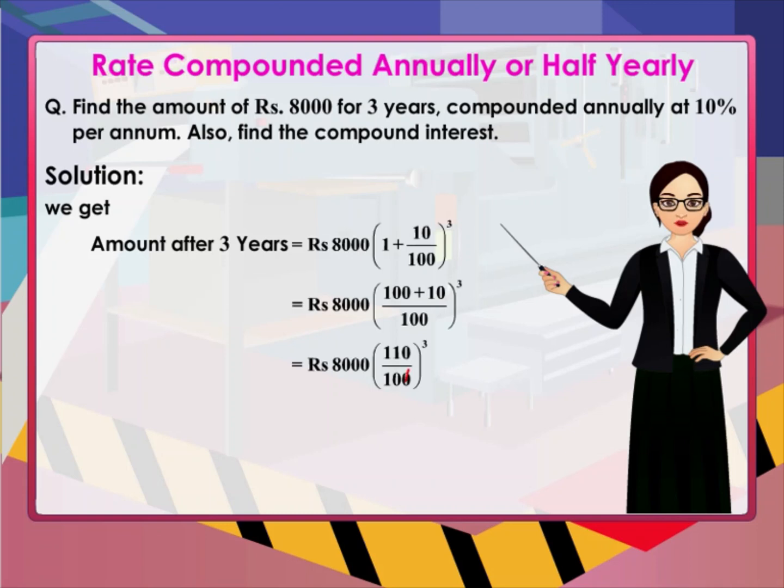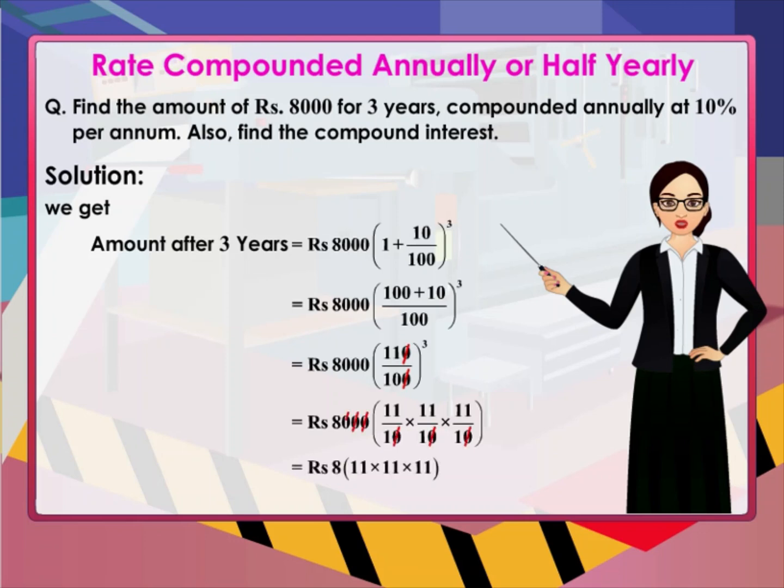Cancel the zeros in the numerator and denominator. Now we have 11 by 10, the whole power 3. We can also write 11 by 10, the whole power 3 as 3 times 11 by 10. So it becomes rupees 8,000 into 11 by 10 into 11 by 10 into 11 by 10. Now cancel all the zeros.